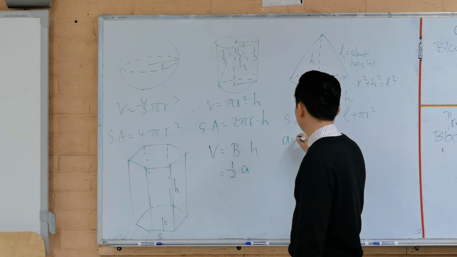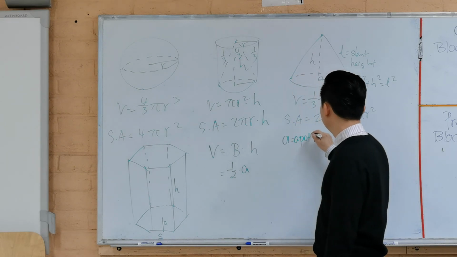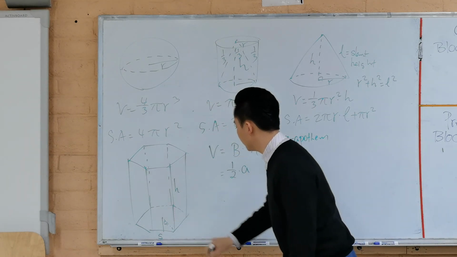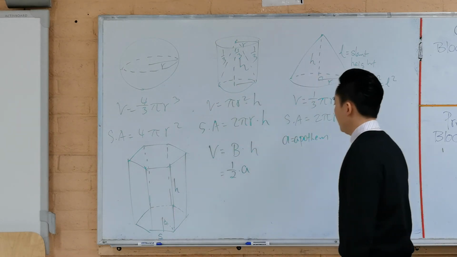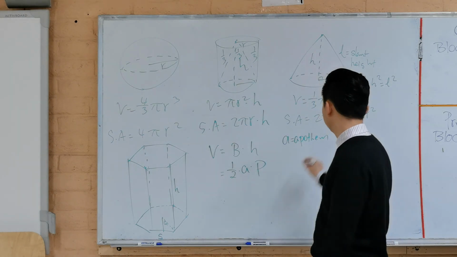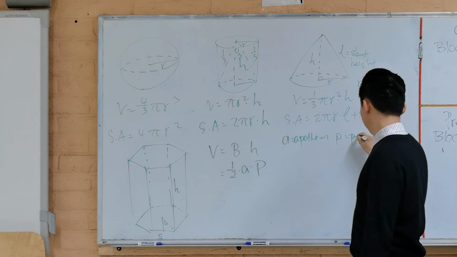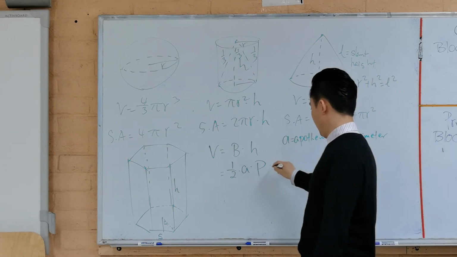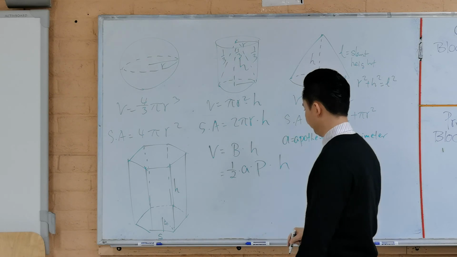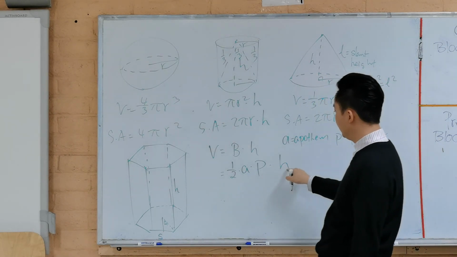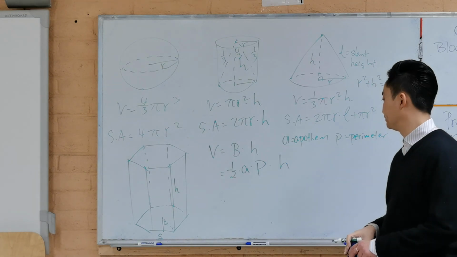Again, A stands for the apothem, which is the height of the triangle. Try to draw the triangle here. And then times the perimeter of the hexagon. So P is the perimeter. And then the height of the prism. Okay, so 1/2 times the apothem times the perimeter times the height of the prism.